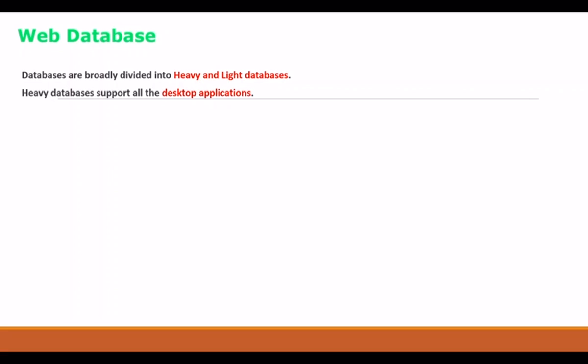Then what are light databases? Light databases support the web applications. You may know the difference between desktop applications and web applications. In other words, we can say offline applications and online applications. Any application which works on a desktop without the help of a network is a desktop application.